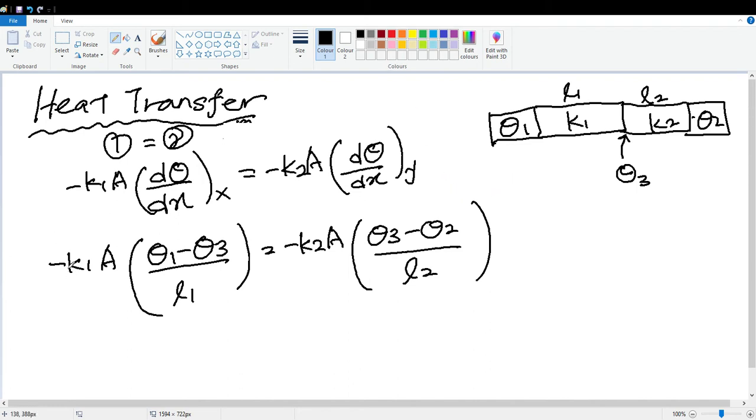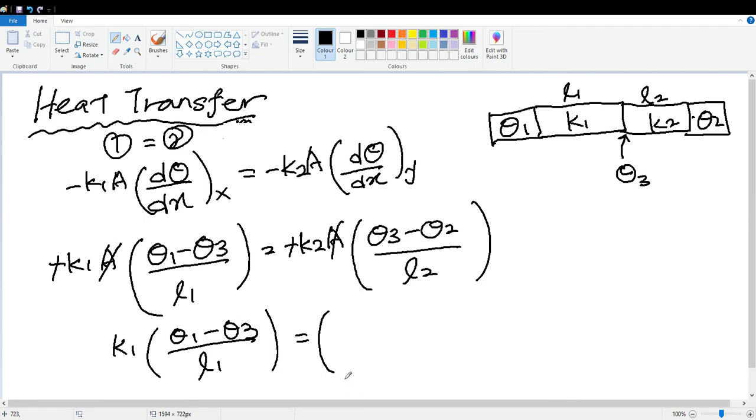Since the negative can be cancelled and the cross-sectional area are the same and hence can be cancelled, what I get is K1 (theta 1 minus theta 3) over L1 is equal to K2 (theta 3 minus theta 2) over L2. So this is how I get the formula.